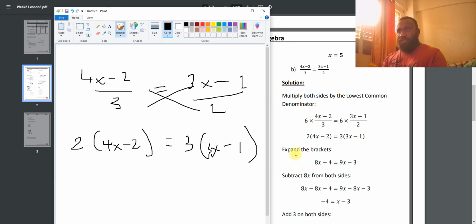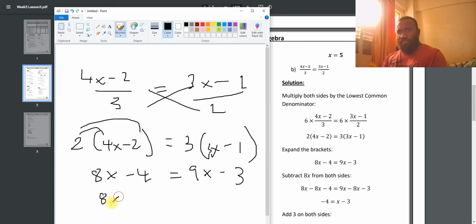Since we have it in brackets, as mentioned earlier in example 2, we expand first. So we expand this and we have 8x minus 4 equals 9x minus 3. Since we have x's on both sides of the equal sign, we group the x's together.